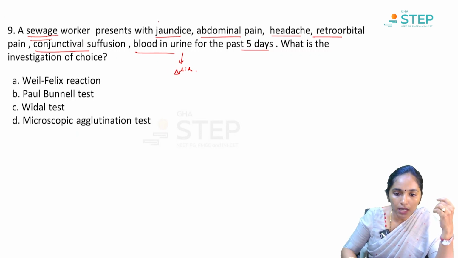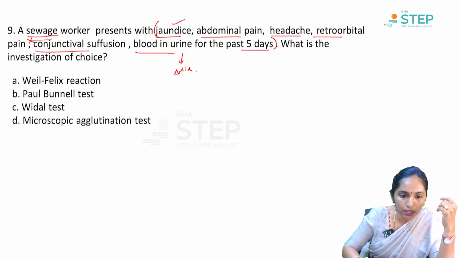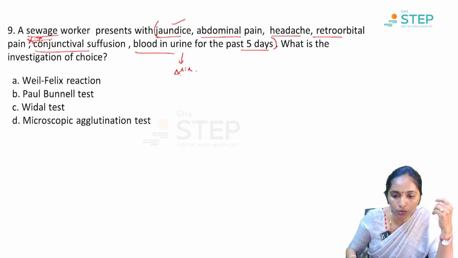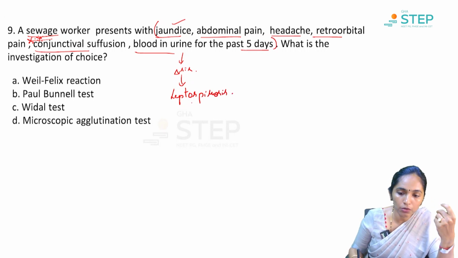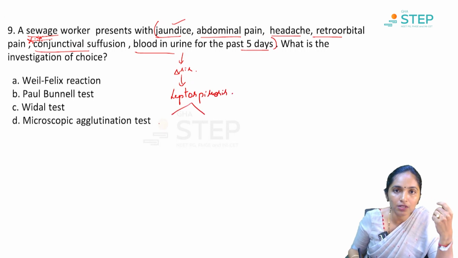Okay, so a classical history of icterus, that is jaundice, along with conjunctival suffusion, is drawing us towards the diagnosis of leptospirosis. Leptospirosis usually presents in two manifestations, that is two stages.